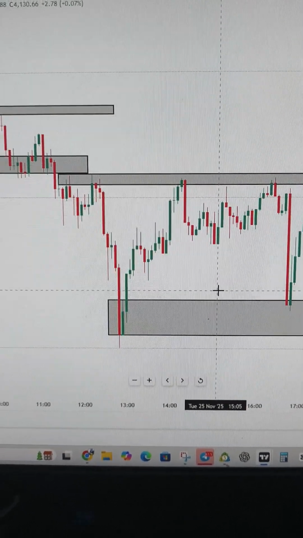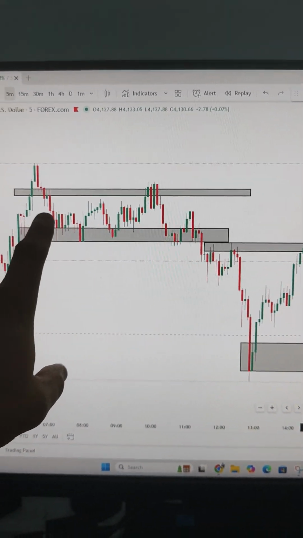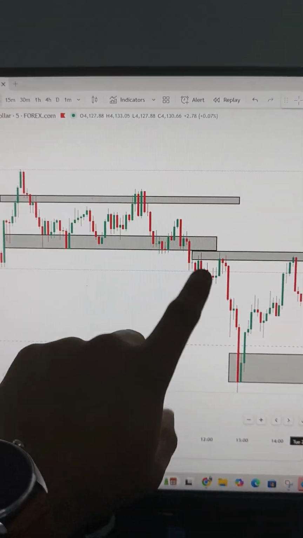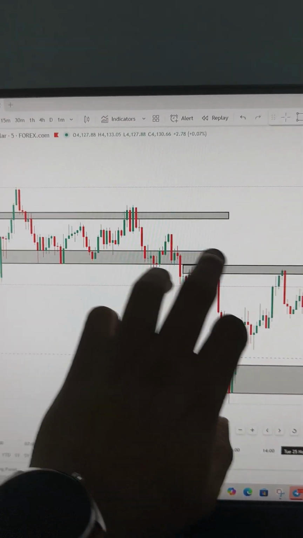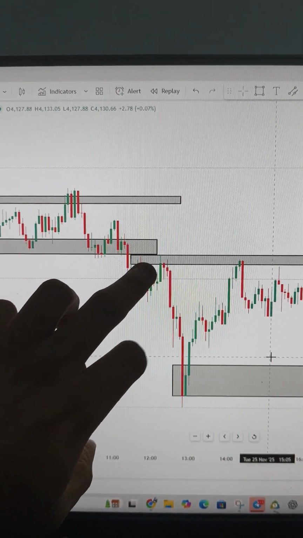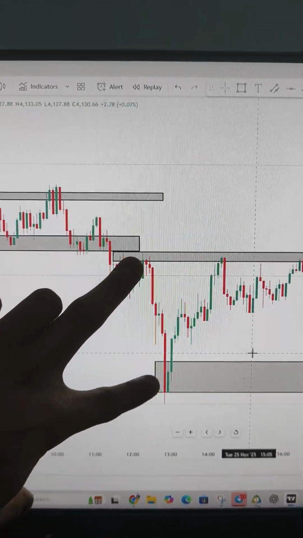So what I want to tell you here, you can see in the picture there are rejections started from here. Why? Because there was a consolidation in this range. After that it breaks, it retests, and the new structure forms. This is the previous structure and this is the new structure, the structure high and structure low.